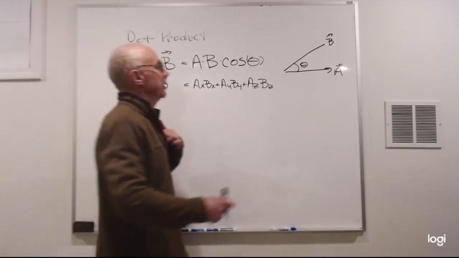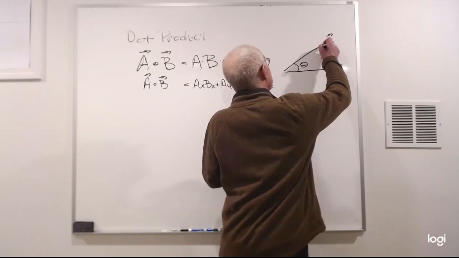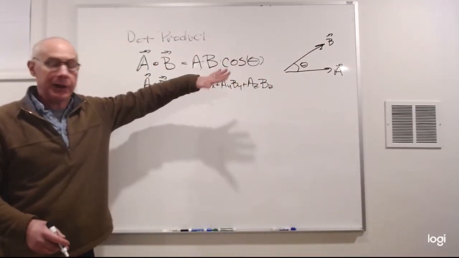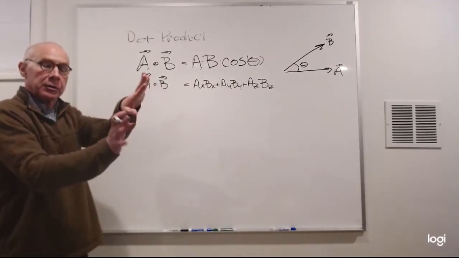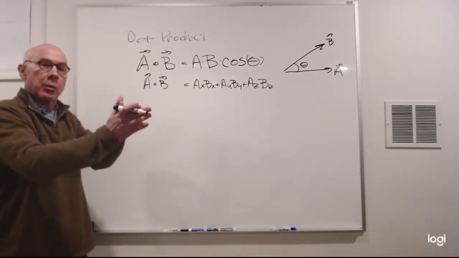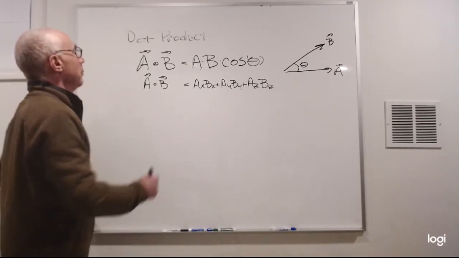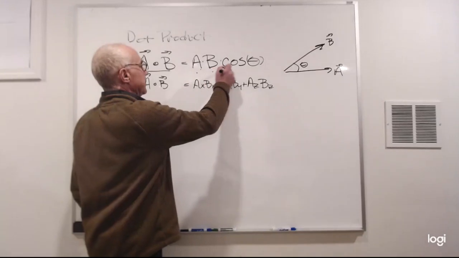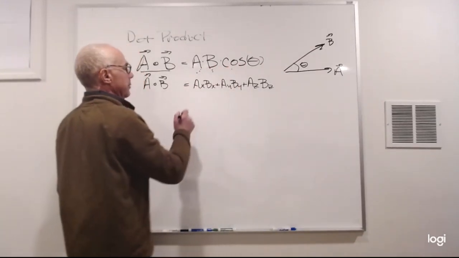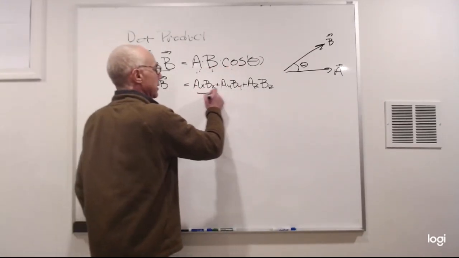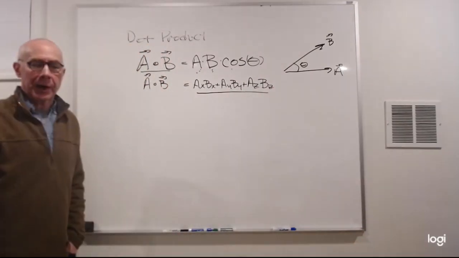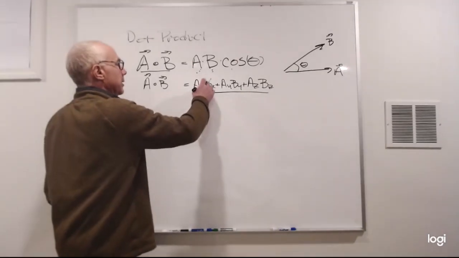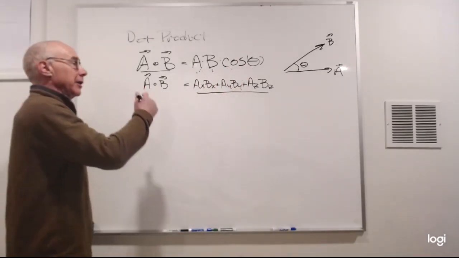So imagine that we have two vectors, A and B, and they could be coplanar or they could be in 3D. In other words, they could be in different planes that are not in the XY or YZ plane. And what we do is we're going to equate this. So A dot B equals A times B times cos theta, where these are magnitudes. And that's equal to the expanded dot product of the vectors. So I'm going to equate these two values, and I'm going to put cos theta on the left side.